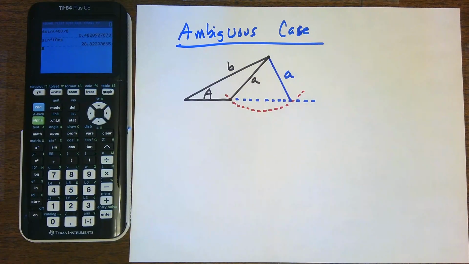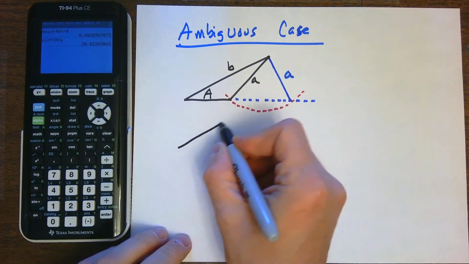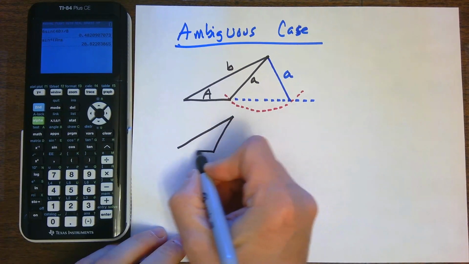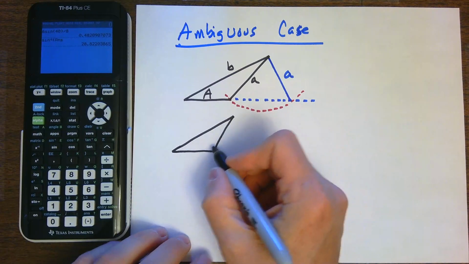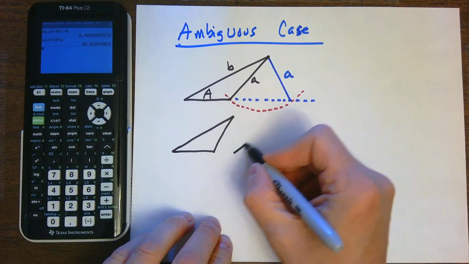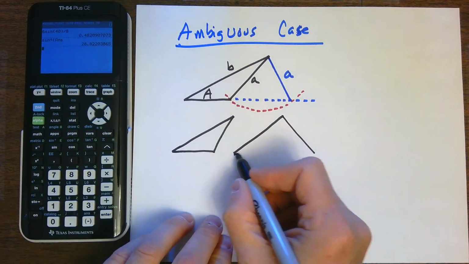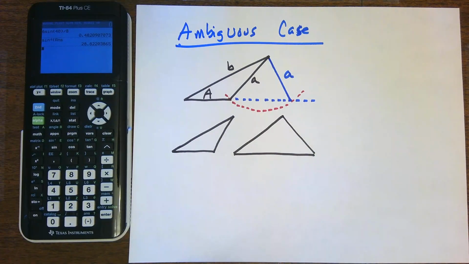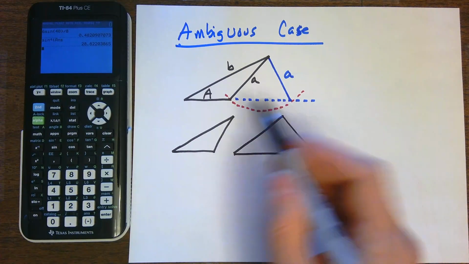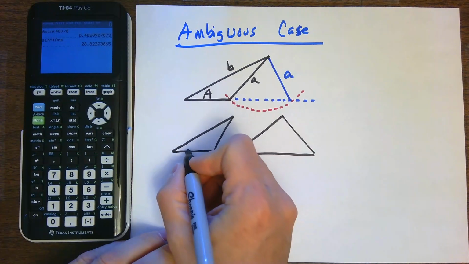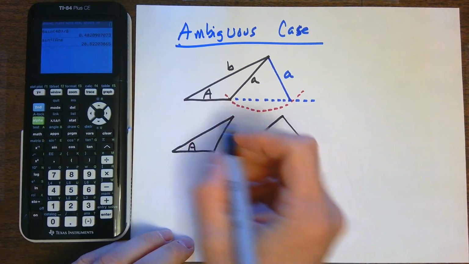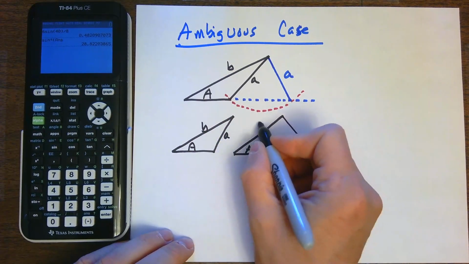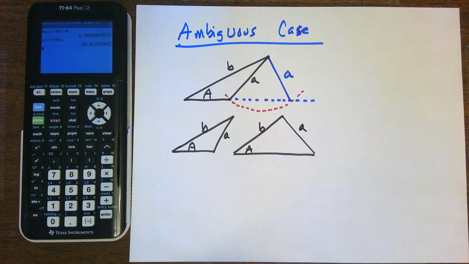So I end up with two different possible triangles: I get the obtuse triangle, but I also get the acute triangle, where the angle A's are fixed, and the side length B's and A's are also fixed.